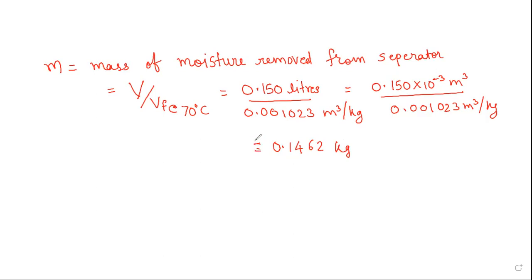Now you are given capital M also. What is capital M? Capital M is the mass of the condensate which is given. The mass of the condensate is straightway given in kgs.